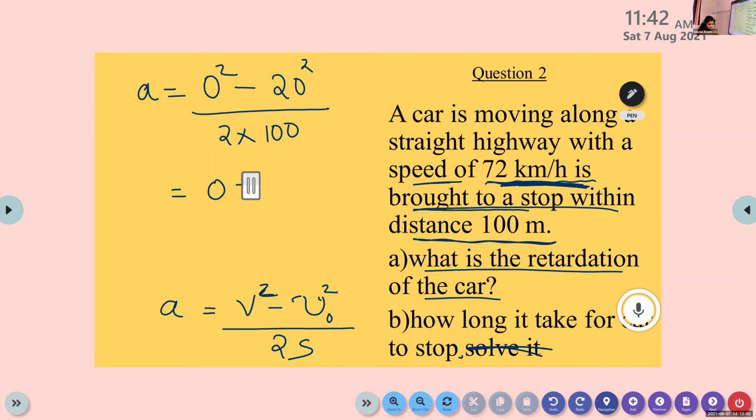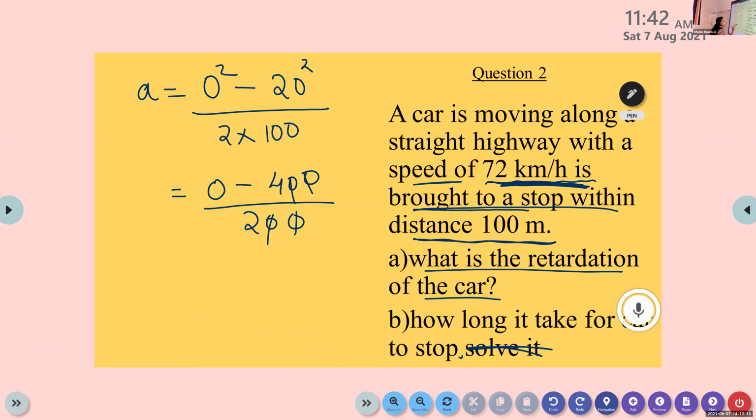What is 20 square? 400. 400 divided by 2 into 100, 200. So here we have minus 4 by 2. What is minus 4 by 2? Minus 2. SI unit? Meter per second square.